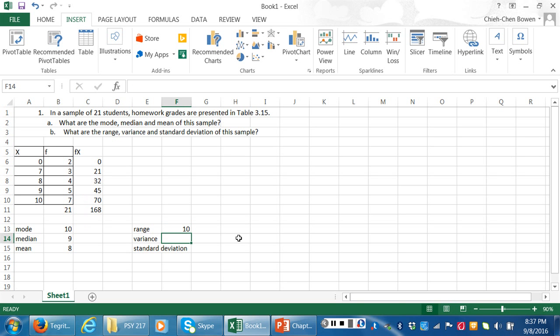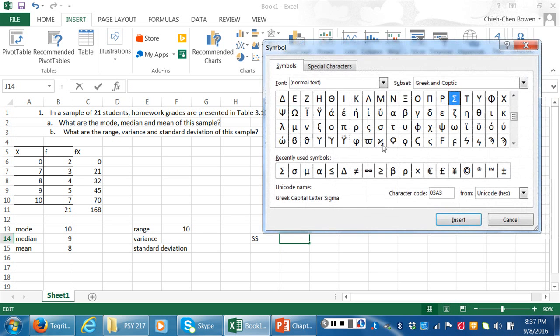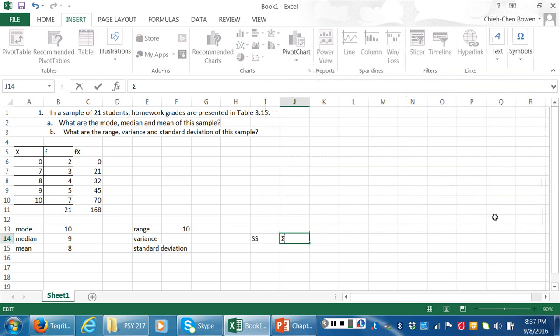Variance: you need to remember the formula before you can do the calculation. So let's write out the formula over here. You will need to figure out the sum of squares first. Sum of squares equals the summation of x minus x bar, the individual value minus the mean, squared.